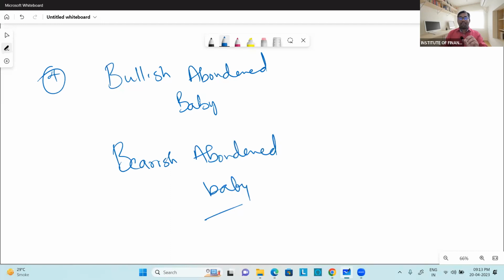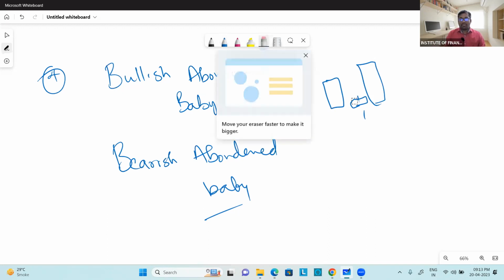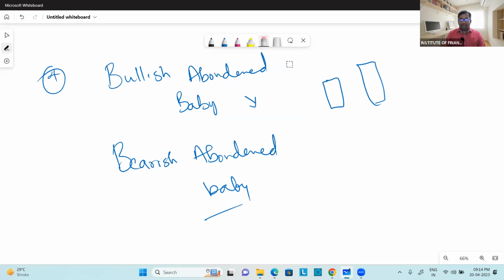There should be a gap between these three candles. In buying, it is a red candle, then a doji or small body candle, and this is the bigger candle, right? In this bullish abandoned baby, this candle should come here. There should be a gap for both.